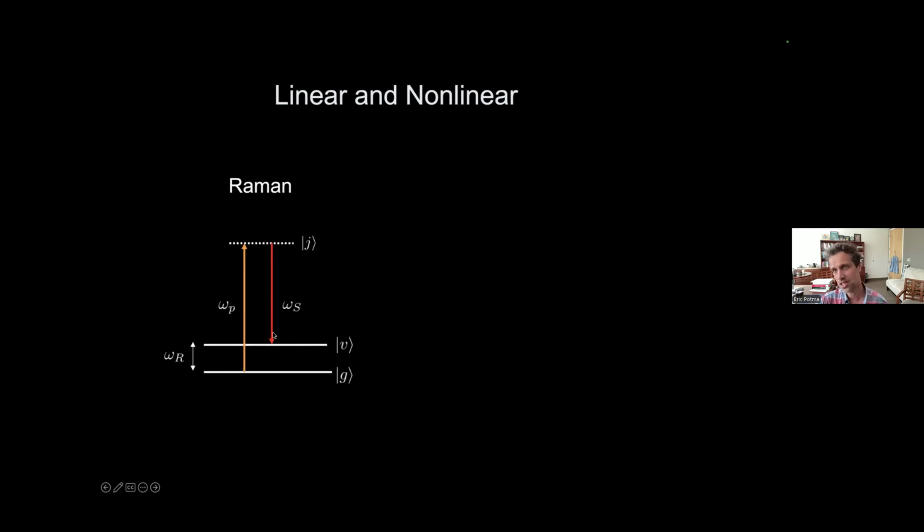Now, this indirect excitation process, as you guessed it right, is pretty darn inefficient. Okay, and the reason why it's inefficient is twofold. First of all, there's no state there. So the molecule is not very responsive. And secondly, this photon here is different from the photon here, different color. Where does it come from? That has to be spontaneously created.